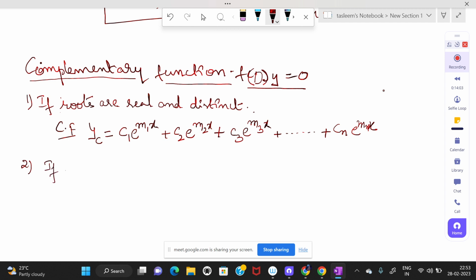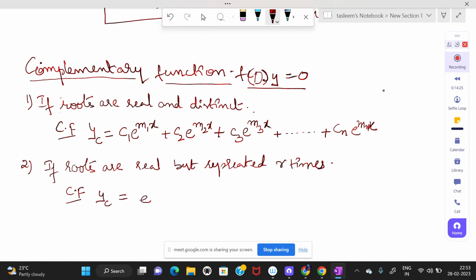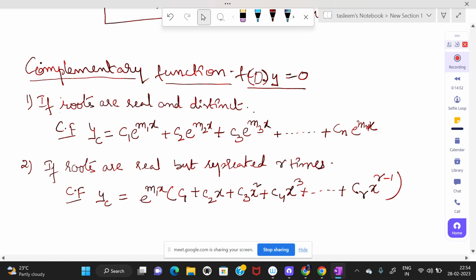Second, if roots are real but repeated r times, then you're going to represent your complementary function y suffix c as e to the power of m1x into c1 plus c2x plus c3x square plus c4x cube, and so on, then cr x to the power of r minus 1.